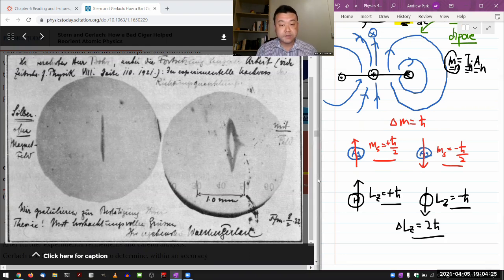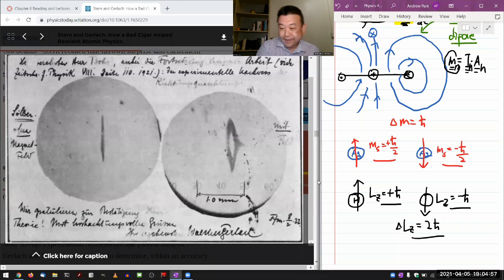So for the separation between the two beams, physics is a quantitative science. We're not just satisfied with the qualitative view that there's a separation. We want to match up the separation to what should be the magnetic dipole moment and calculate it out. And you might say they should have noticed that this separation is half as much as would have been predicted from Bohr's model.